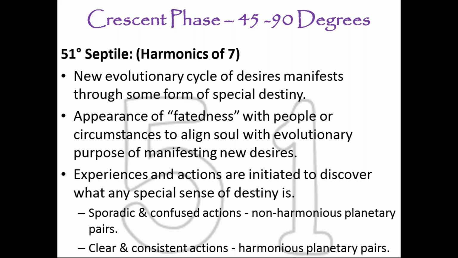Now, with this septile aspect, if our actions appear to be sporadic or confused, then Jeffrey's teachings would say that there are non-harmonious planetary pairs. I've been kind of evolving with this concept as well. If you look at harmonious planetary pairs, if there's clear and consistent action, then it is two harmonious pairs looking together.